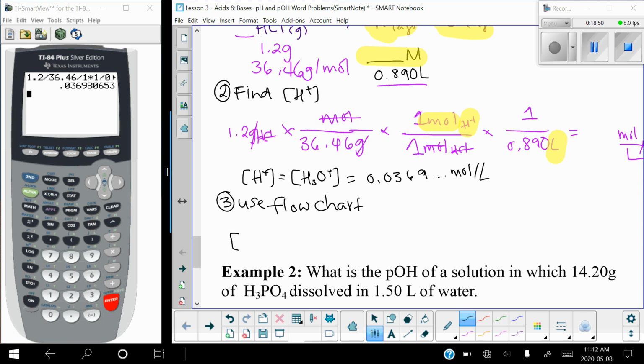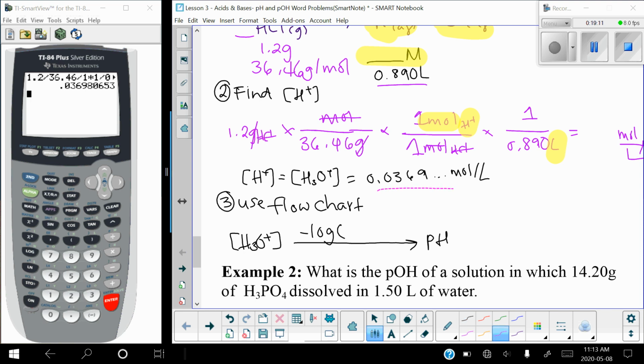I'm going to start off with my hydronium concentration. If I have my hydronium concentration, I can work it this way towards pH. The way that I accomplish this is by going negative log of my hydronium concentration.